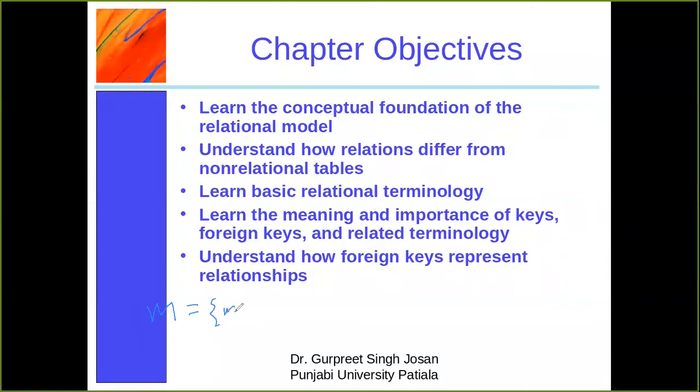That is M1, M2 up to Mn. And the set of all women: W1, W2 up to Wn.